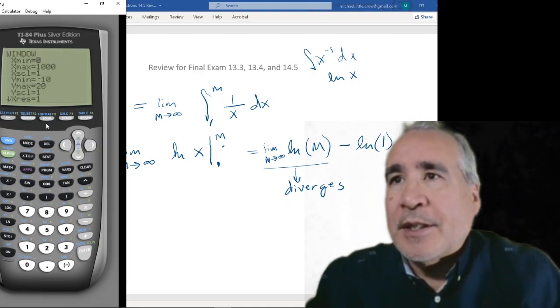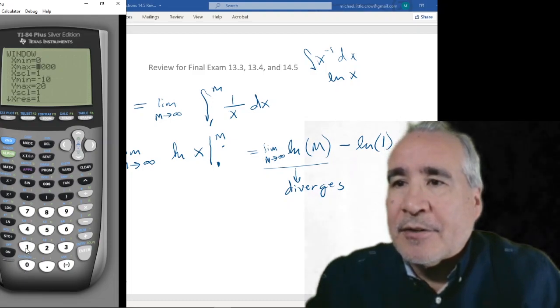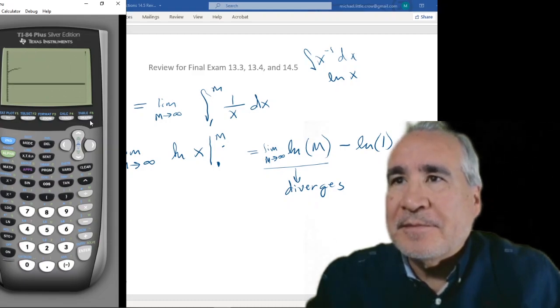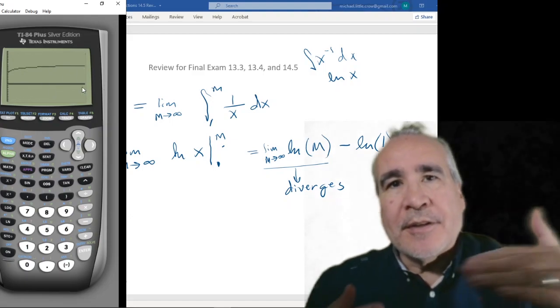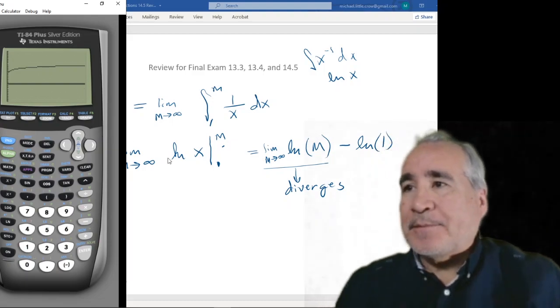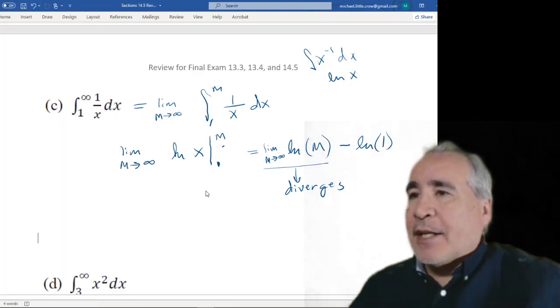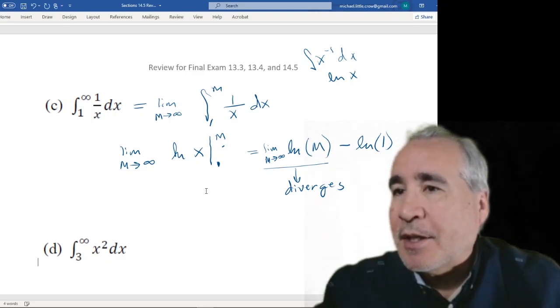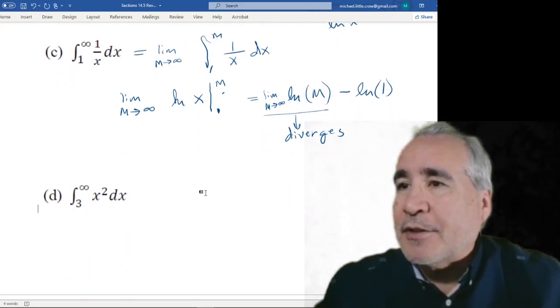Okay, and again, if you want to see that again, let's go to 10,000. Oh, let's go to 100,000. Okay, it keeps adding. It's not going to converge to something. So again, sometimes the graphing calculator can help us to see what converges and what diverges.